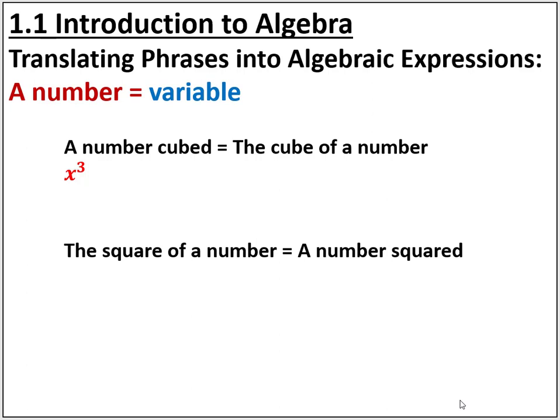So for this example, when we have a number, we're going to use the variable x. So when it's being squared, we're going to have it written as x squared. All right. So once we have identified how to work out exponents, cube is for 3, squared is for 2.